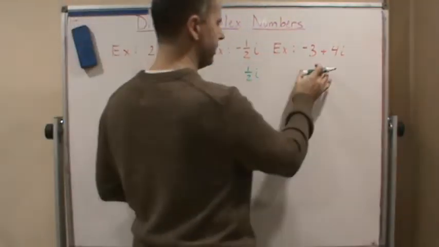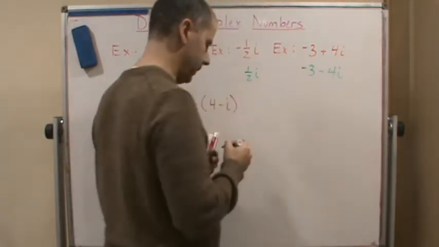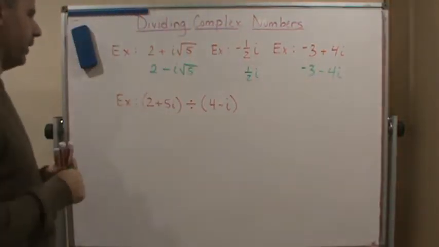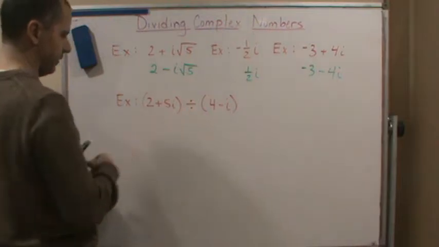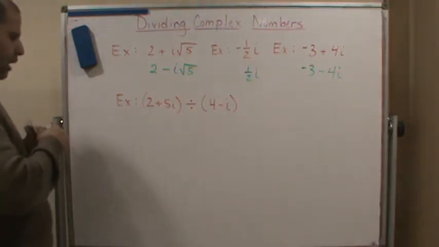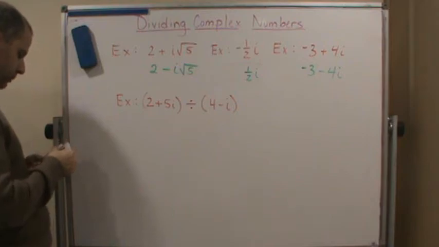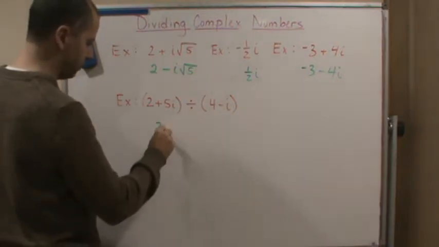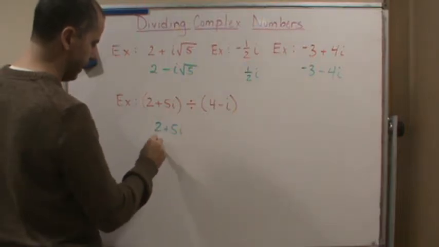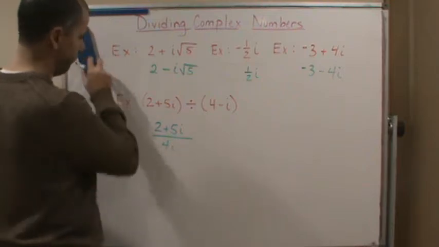And of course, -3 minus 4i would be the conjugate. Okay, so now let's apply this idea to this example. We want to write it in fractional form using the fraction bar. So we would write this as 2 plus 5i divided by 4 minus i.